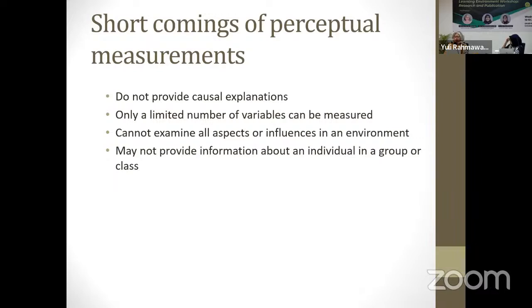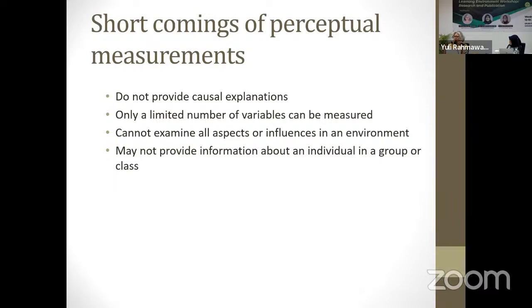At the same time, it can't examine all aspects and influences of the environment, because if we start doing that, it will make the questionnaire very, very long. So we have to be specific with our research questions, what we are going to measure based on them. Then we set up the scales or choose scales from pre-existing tools and go ahead.